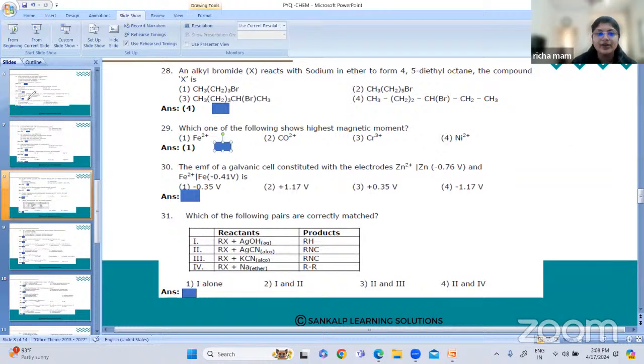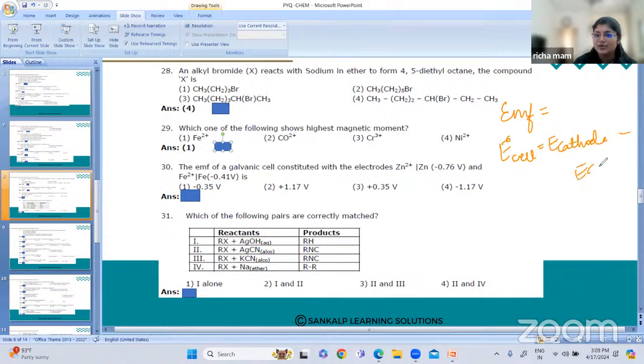So how do you calculate it? Yes, students. EMF of the cell is equal to E cathode minus E anode, right?